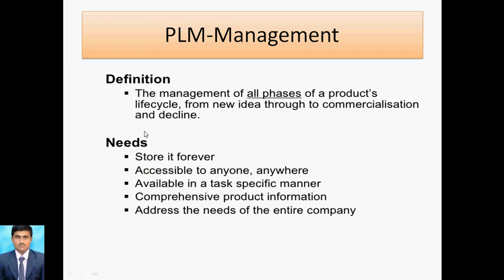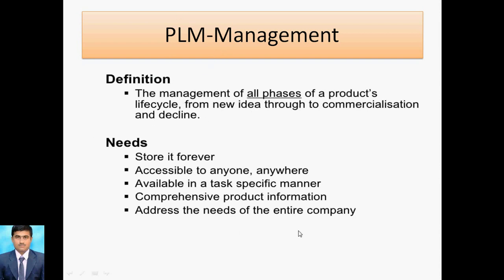Now we overview the PLM definition: the management of all phases of the product's life cycle, from new idea to commercialization and decline. PLM starts from the new component to the finalized component, and if it goes into decline, it also considers the reinvention phase. These are the phases we consider in PLM management.